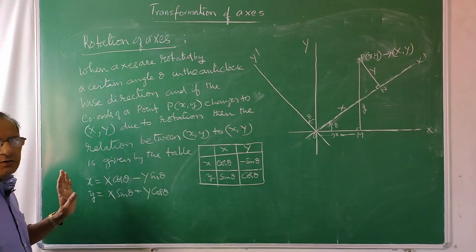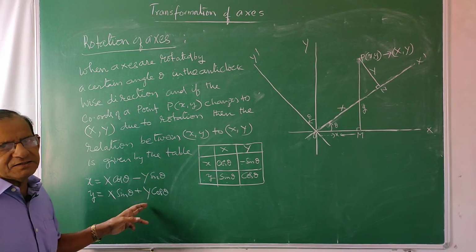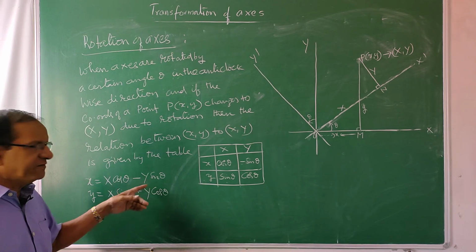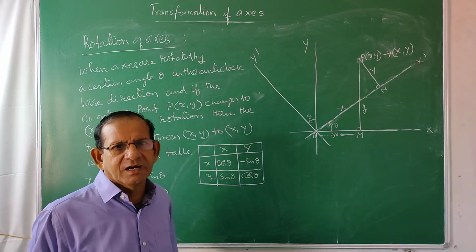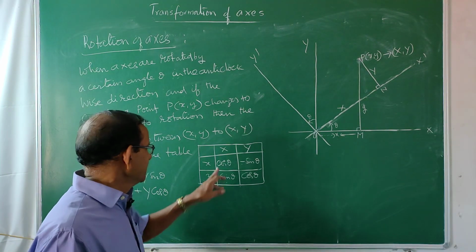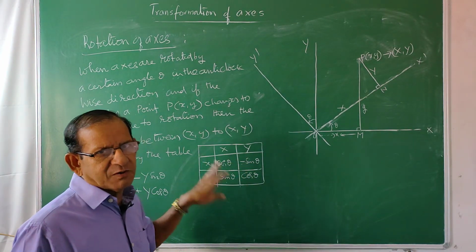If you want to find out the transformed equation, in place of small x and small y you write these two values, and theta will be given. And if a transformed equation is given and you want to find out the original equation, we have to substitute the values of big X and big Y in terms of small x and small y.